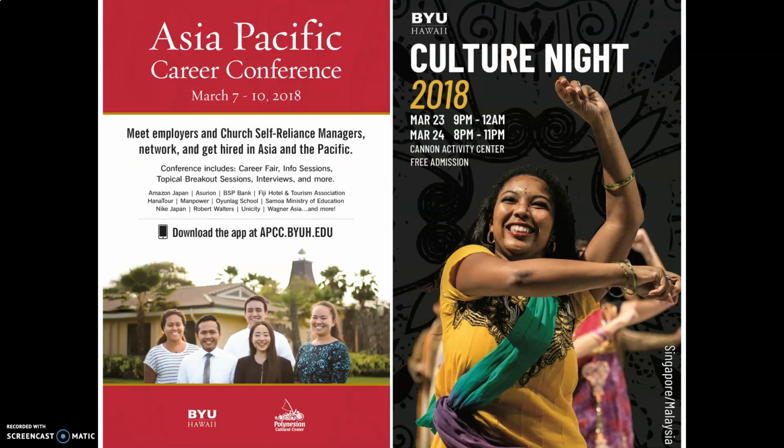Okay, so here are two posters using color. On the left side, we're using the school colors, that red and gold, again to get people interested in going to this conference. And then on the right, the Culture Night poster has really great contrast with the black background and the bright colors in the foreground. This is an example of a website.